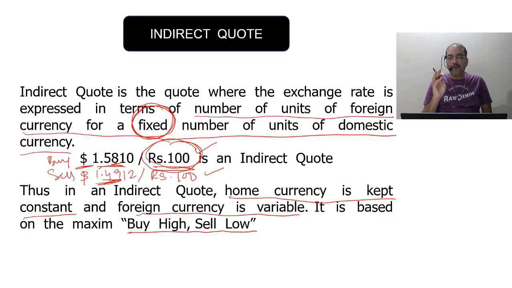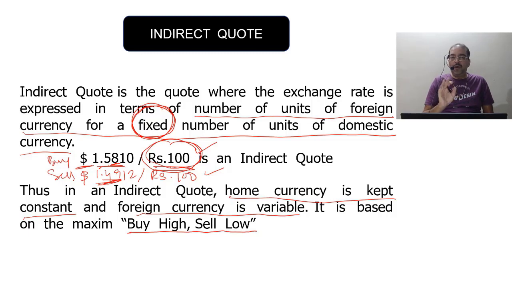So now I have done 4 quotes with you. What are the 4 quotes? American quote, European quote, direct quote, indirect quote. American quote: number of dollars expressed per unit of any other currency. European quote: number of units of any other currency expressed per unit of dollar.